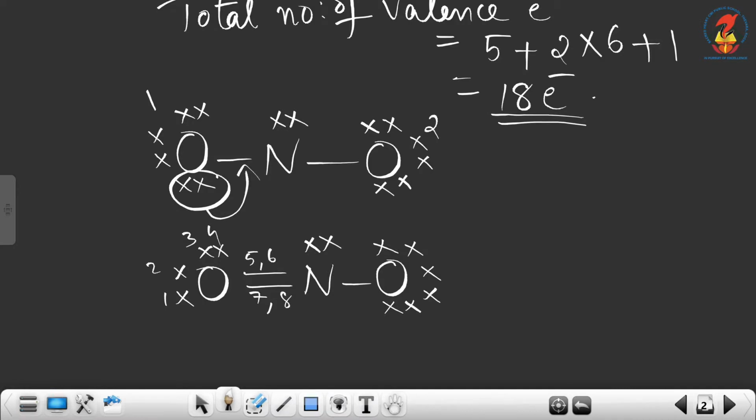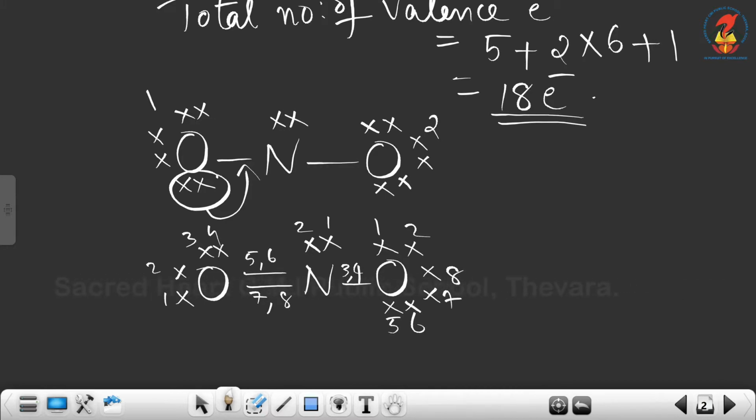So 8 electrons. Octet is complete. Nitrogen, you can count 1, 2, then 3, 4, 5, 6, 7, 8. Octet is complete. Now for this oxygen, you can count 1, 2, 3, 4, 5, 6, 7, 8.